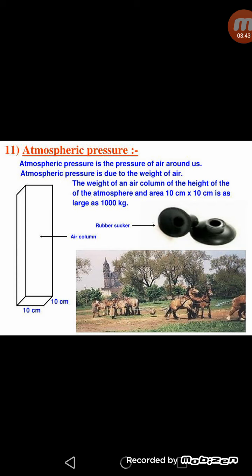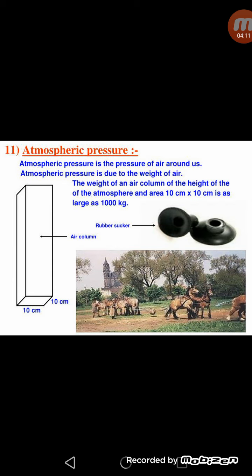What is atmospheric pressure, and what is atmosphere? We live on the surface of the earth enveloped by a blanket of air which is known as atmosphere. The atmosphere extends up to nearly 300 km above the surface of the earth. The effect is like being located at the bottom of an ocean of air, just like the immense pressure experienced at the bottom of the ocean.